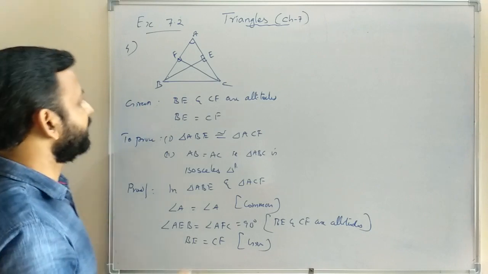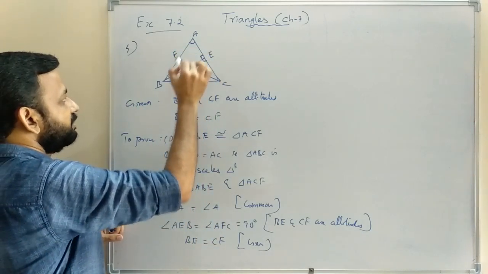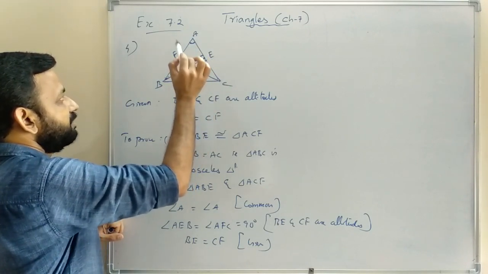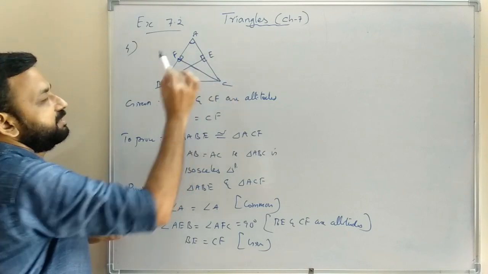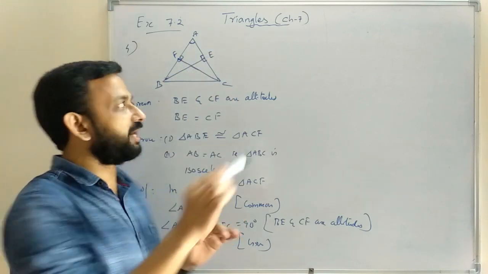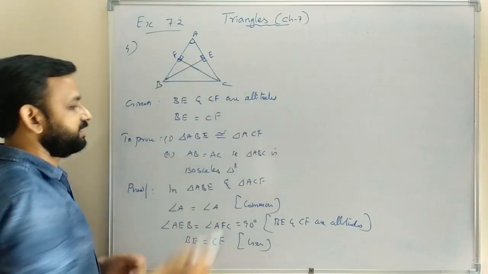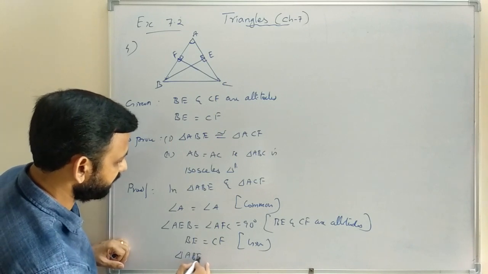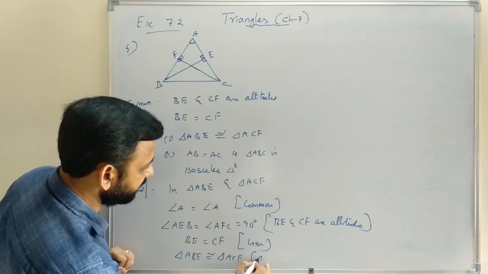So now we can compare angle, side of this triangle equal to angle, then again angle and side of that triangle. So the two triangles are congruent by the angle-angle-side property, that is the AAS theorem. Therefore triangle ABE is congruent to triangle ACF by the AAS theorem.